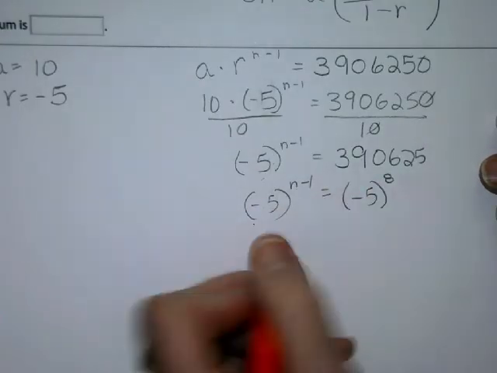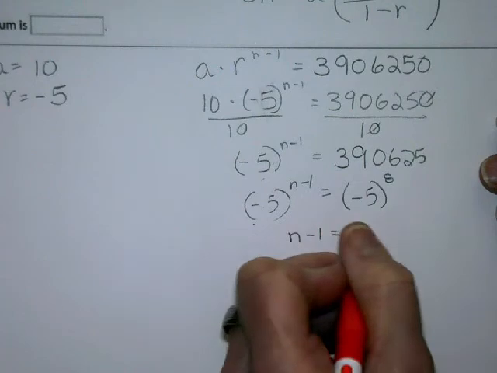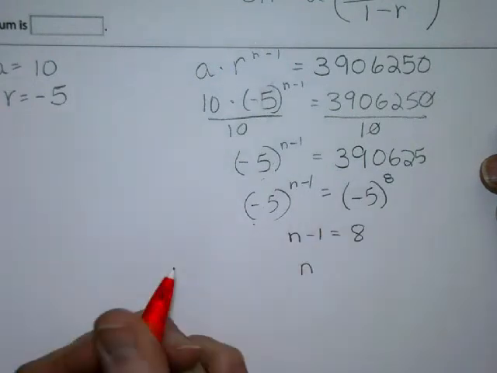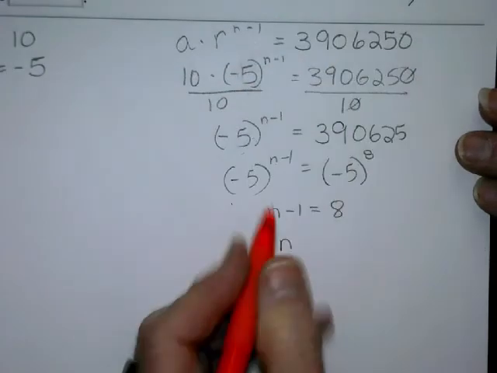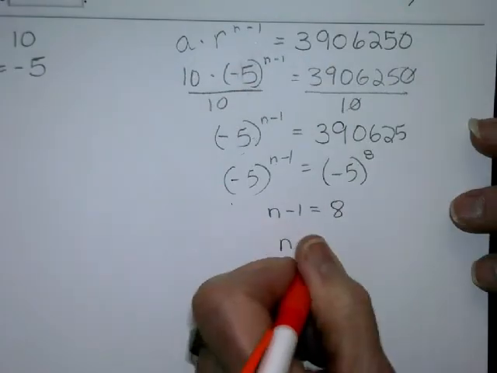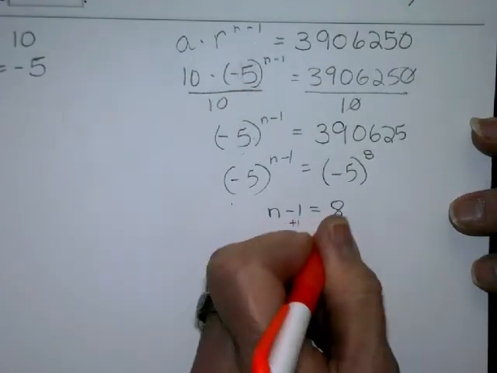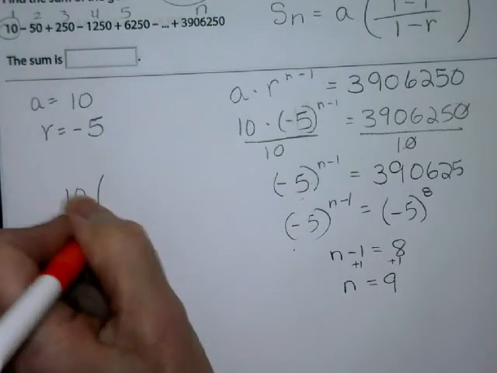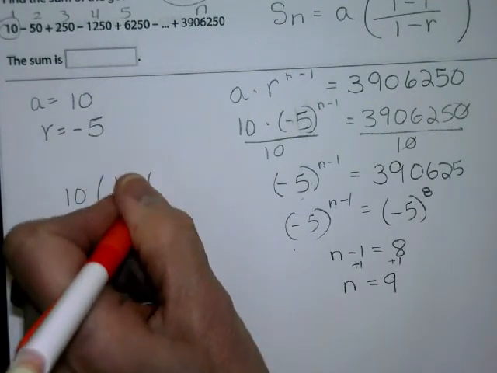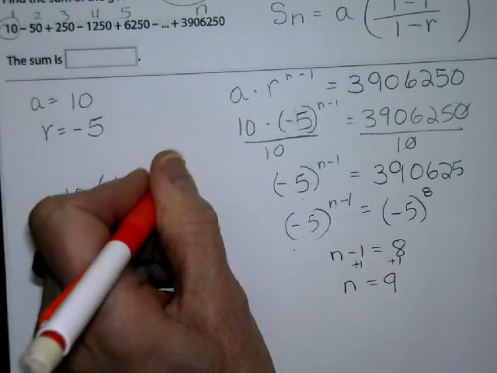So I got it. Like bases, equal exponents. So my n that I'm going to use for my sum formula is 9, because I add 1.